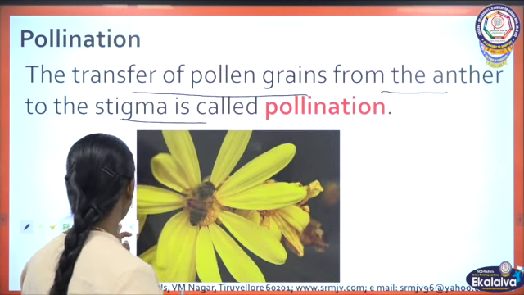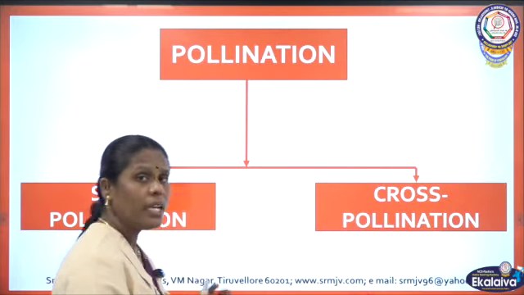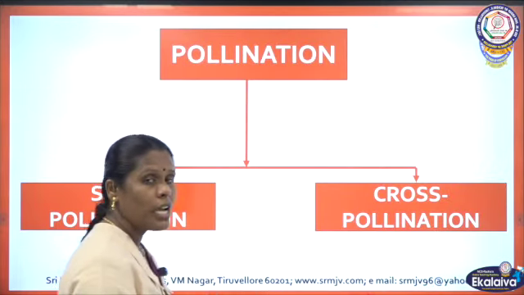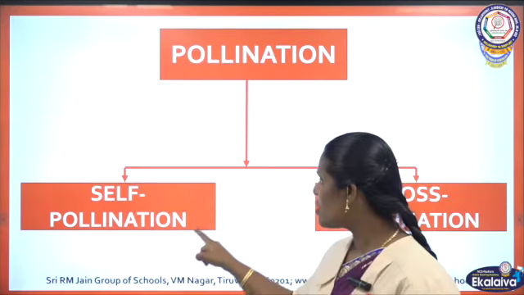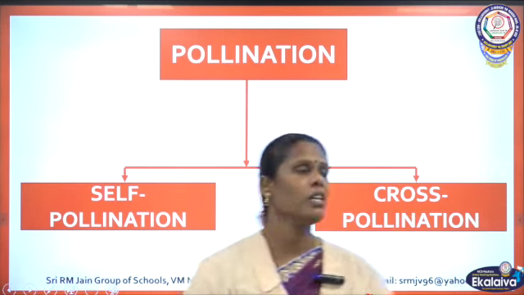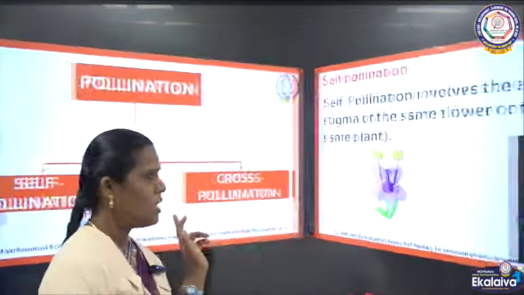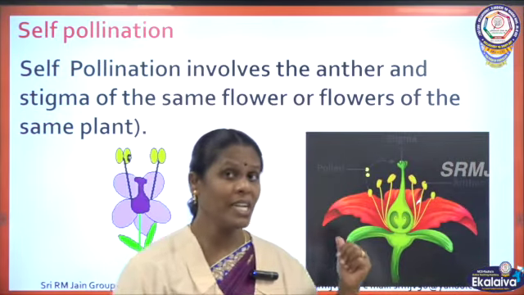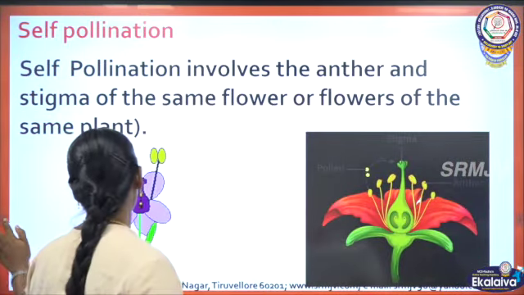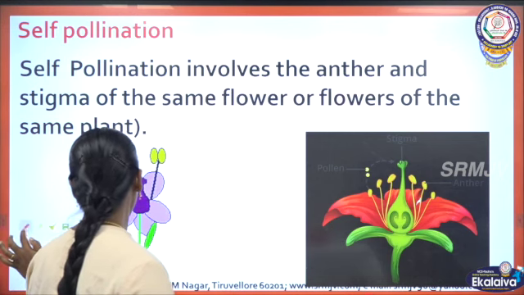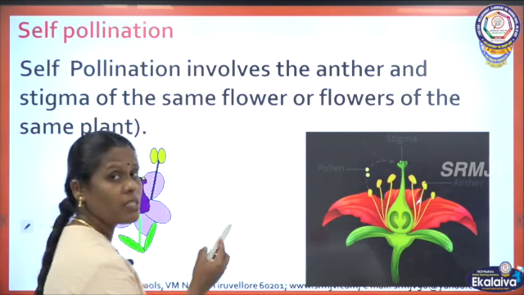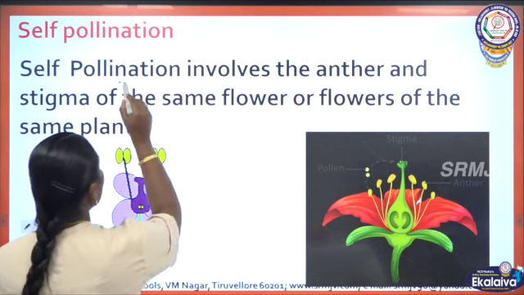So, pollination is of two types, that is self-pollination and cross-pollination. Let's see the first one, self-pollination. See here, what is self-pollination?